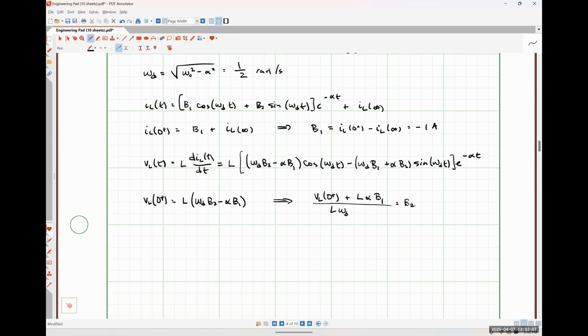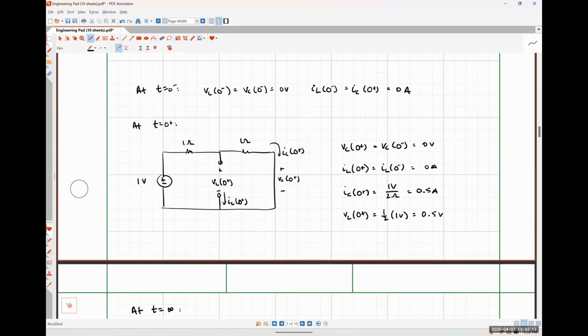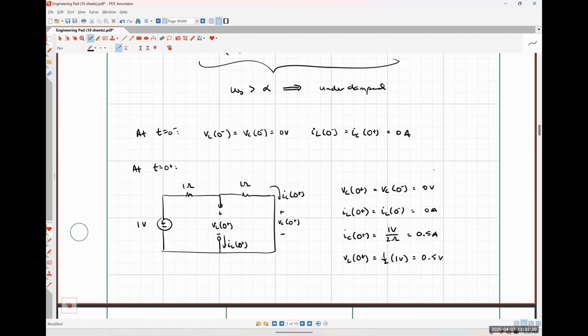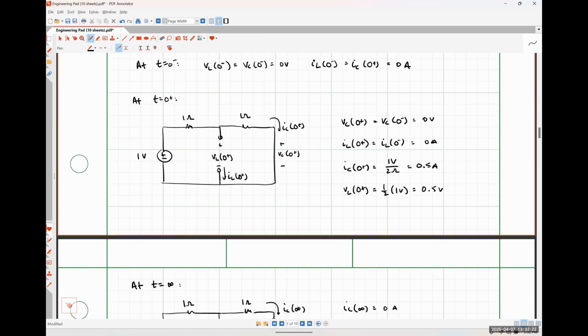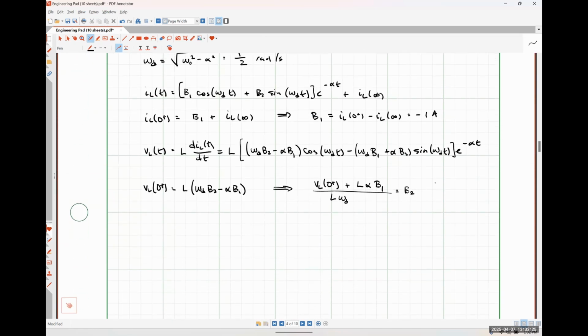Good deal. So if I substitute in numbers there, VL at 0 plus was a half, I think. So 0.5 plus 1, alpha was 1/2, B1 was negative 1, all over 1 times 1/2.